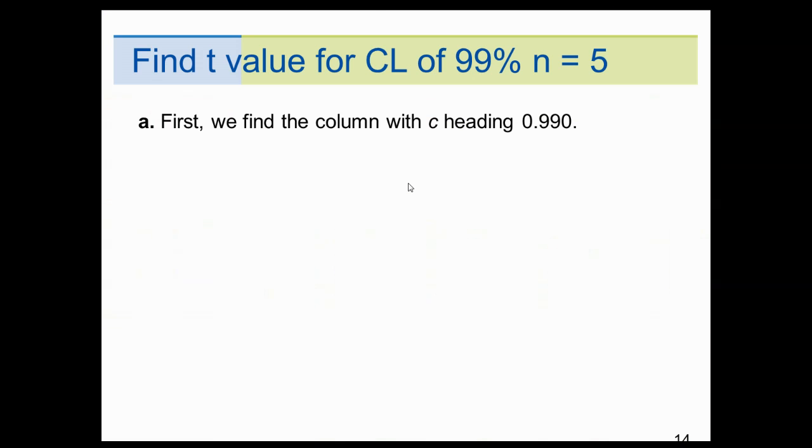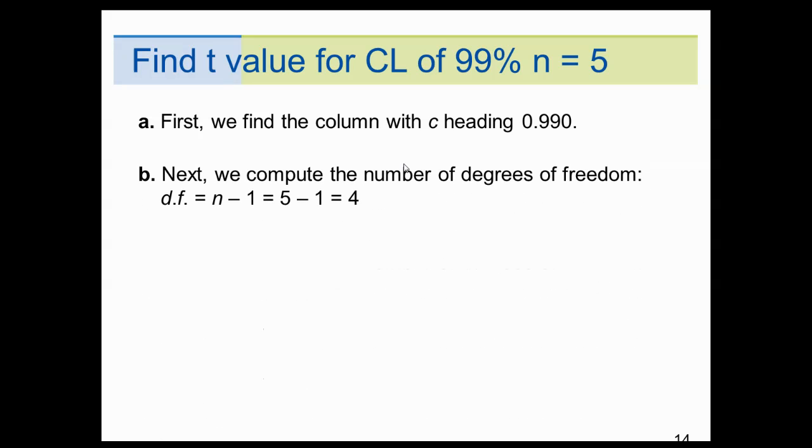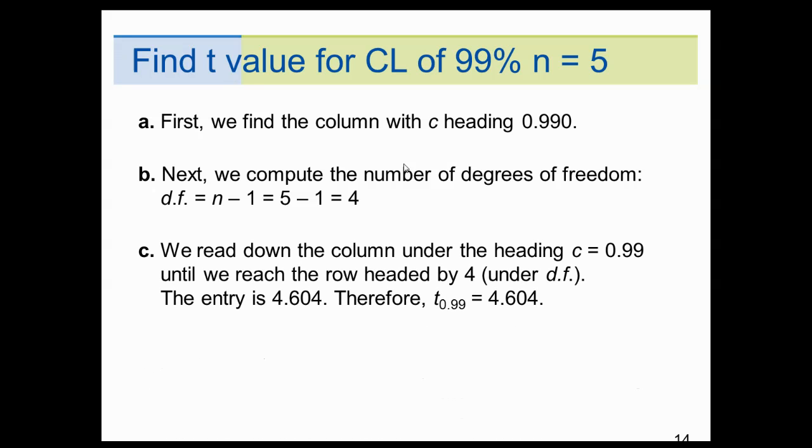All right, so let's assume we want to find the t-value that's associated with a confidence level of 99%, where the n value is 5. So first we find the column with c heading 0.99. Next, we compute the degrees of freedom. If n is 5, degrees of freedom is 5 minus 1, or 4. We read down the column under the heading of 0.99 until we reach the row headed by 4 under degrees of freedom.